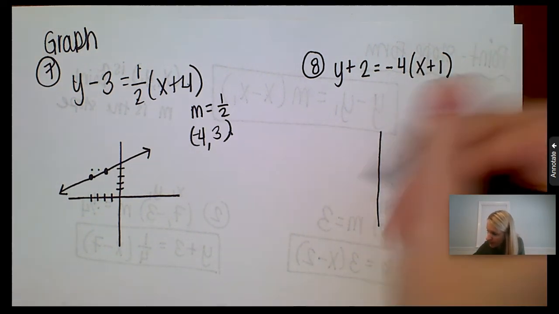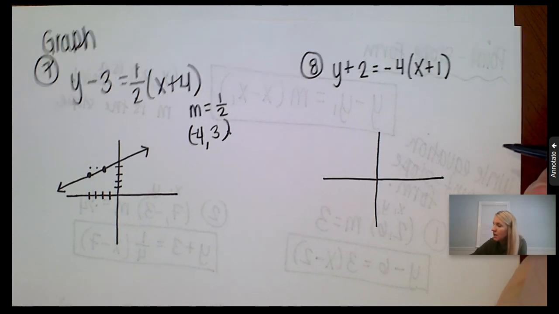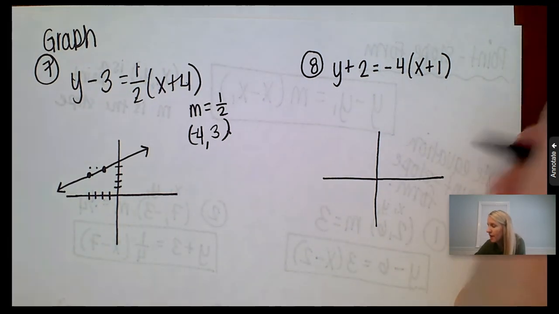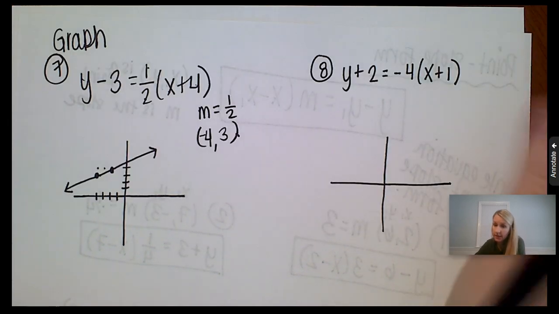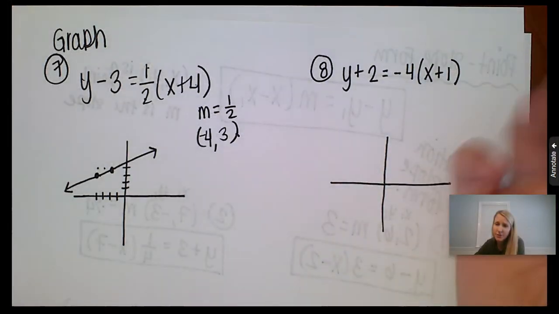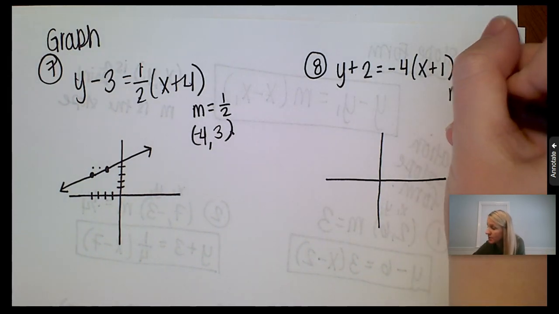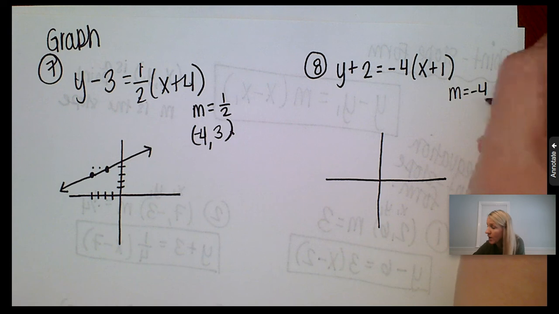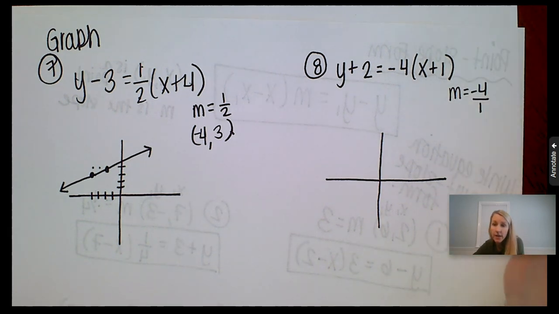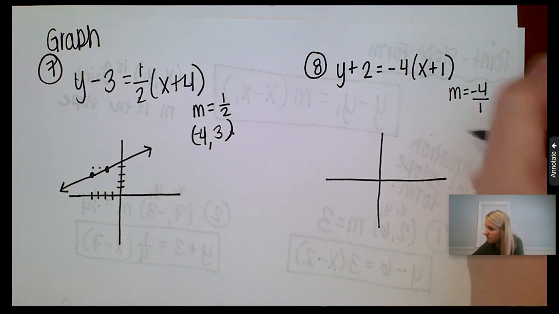So I know I'm going to need a graph, so I'm just going to do a quick sketch of axes here. Okay, I'm a labeler, so I like to label. I tend to rush through things, and if I don't label, it turns out being a hot mess. So I'm going to label what's my slope. That's -4. I always make that a fraction, right? I'm going to need rise over run. That just reminds me what I need.